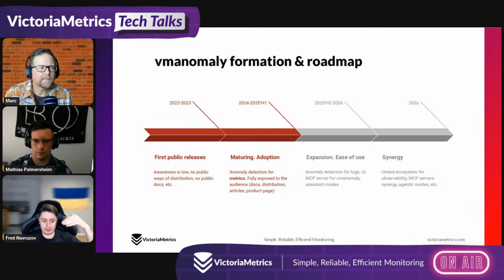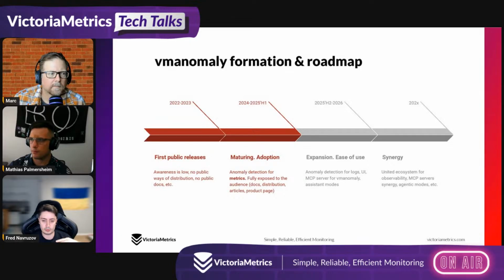Here, vmanomaly is falling maybe half a step behind the development of VictoriaMetrics, because it relies on VictoriaMetrics and the ecosystem which is built. That's what I wanted to tell about how vmanomaly was built, how it's maturing, and how it will be made in the future.